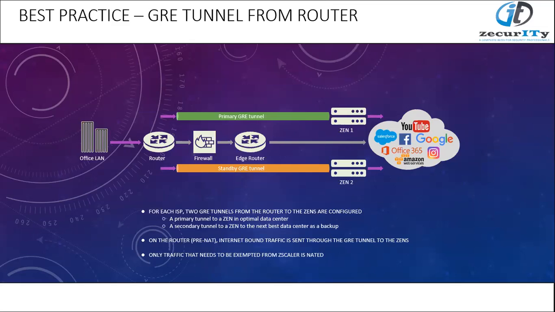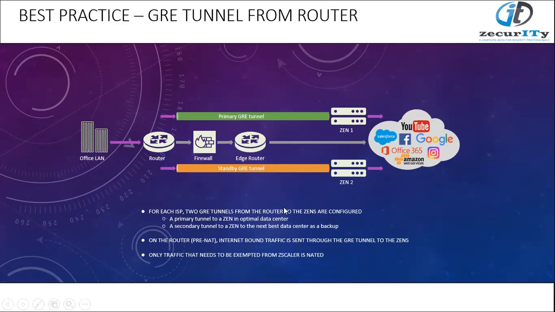Most of the routers nowadays support IPsec, so you can create IPsec tunnels towards the Zscaler cloud. But the limitation is, when you are going with IPsec, only 200 Mbps bandwidth can be supported in a single IPsec tunnel. If the bandwidth is more than 200 Mbps, then you need to create multiple IPsec tunnels towards the Zscaler cloud.